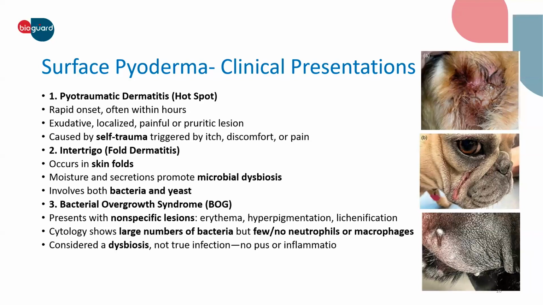You may see erythema, hyperpigmentation, and lichenification. And the cytology for this usually shows a large number of bacteria, but few or no neutrophils or macrophages. This is usually considered dysbiosis, not a true infection. So we won't see pus or inflammation.